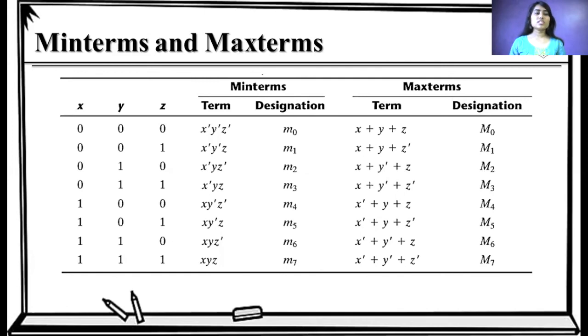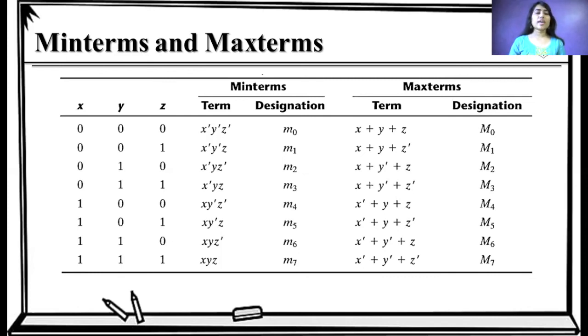So for x is equal to 0, y is equal to 0, z is equal to 0, we have x plus y plus z. Here for x, y, z all equal to 0, we consider all these as normal variables.